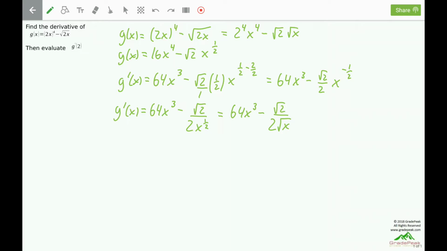Our next step is to evaluate g prime of 2. G prime of 2 means to plug a 2 in for each of the x's. 64 times 2 cubed minus the square root of 2 over 2 times the square root of 2.